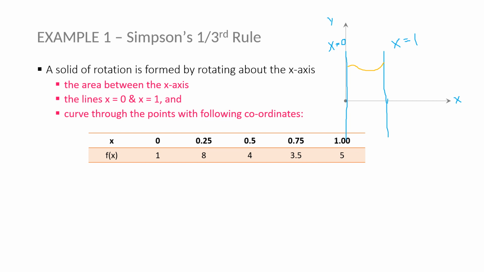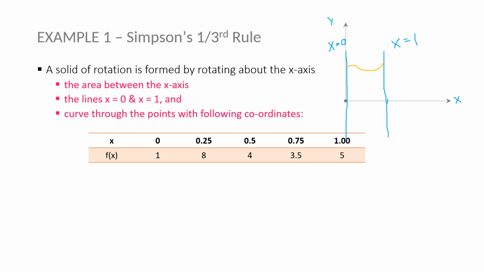Okay, so we are interested in the portion of the curve between x equals to 0 and x equals to 1. However, this curve may extend beyond those two lines, but we are not interested in those portions of the curve which are outside those two vertical lines.